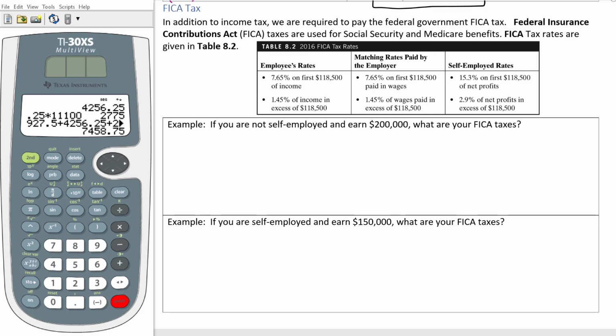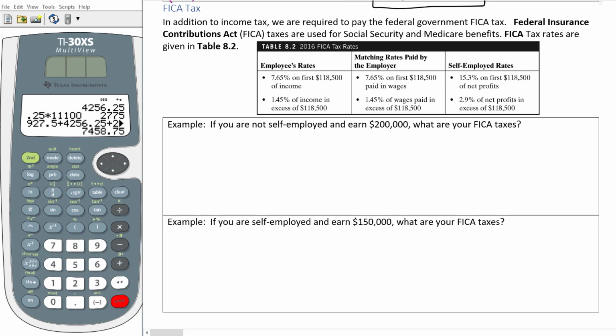So let's say you're not self-employed, which means you're an employee of some other employer, and you earn $200,000. What are your FICA taxes? Because you're not self-employed, you're talking about this first category, which is the employee rates.